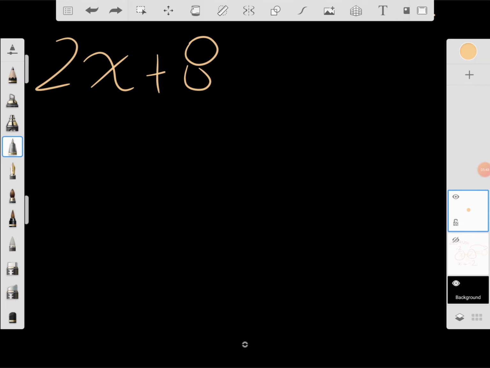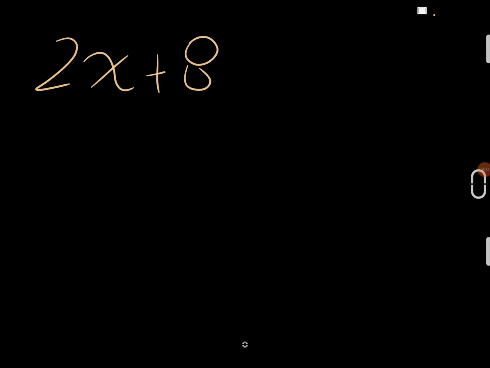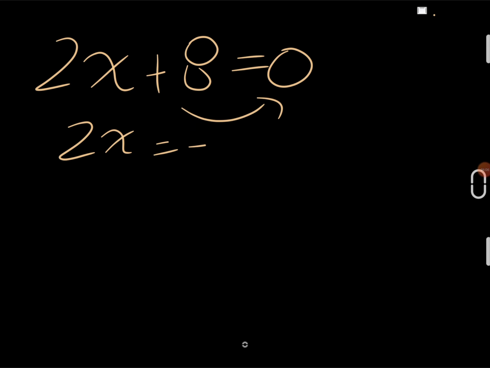Now let me give you another question. 2x plus 8, this is a polynomial. Can you tell me what the zero of this is? To find the zero, the whole polynomial should be equal to 0. So 2x, if I put the 8 there, becomes 2x equal to minus 8.